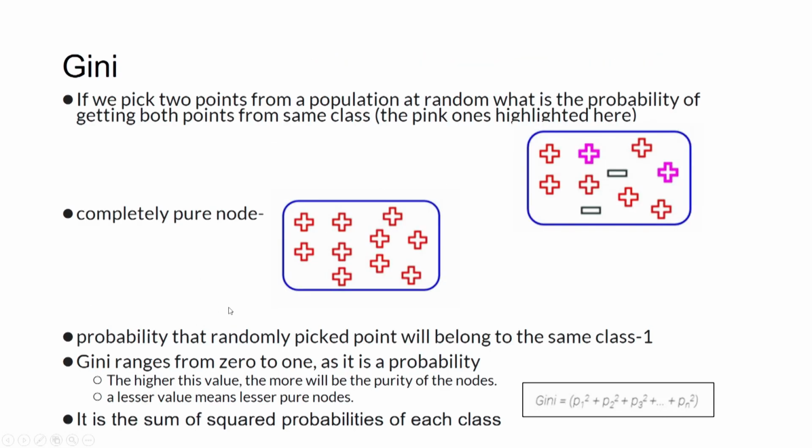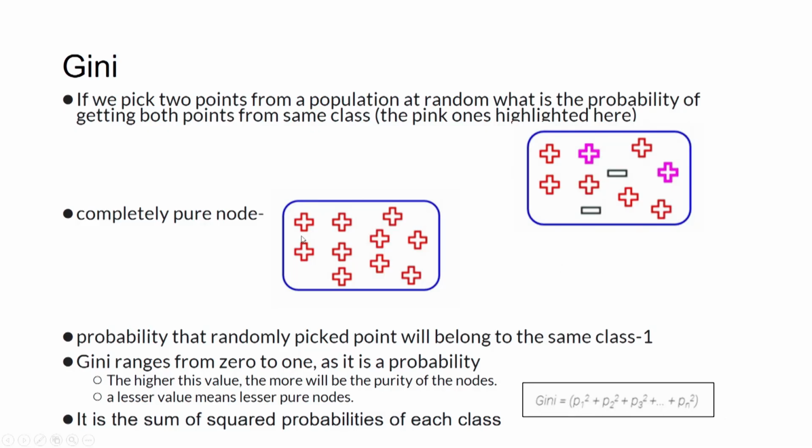Before that, let us see with an example what Gini is, how we calculate it, and what its meaning is. As we discussed, Gini is based on the squares of the probabilities of different classes.